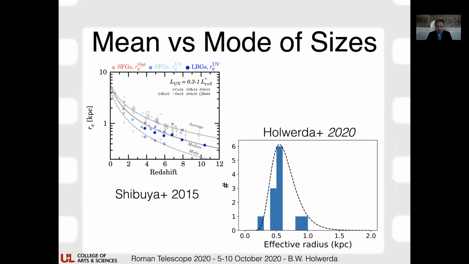So if we compare the size evolution at redshift 9 that was predicted by Shibuya in 2015, and we compare that to the histogram of values that we got in 2020 from all the redshift 9 galaxies that we have, you see that we're dealing with a not exactly wealth of data here, but the histogram agrees pretty well with the log normal distribution that Shibuya gets at redshift 6.